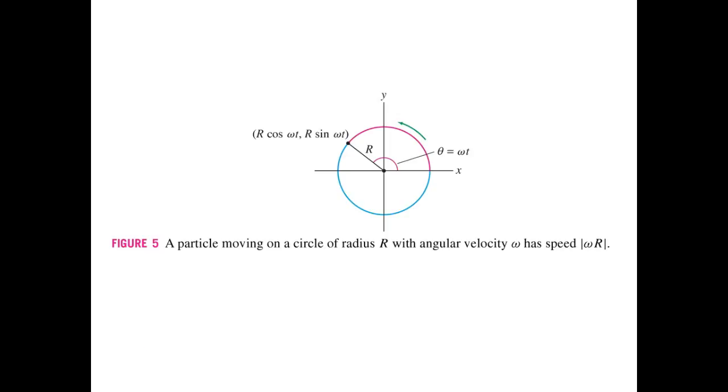Well, omega is theta over t, right? So that's the time rate of change for a constant angular velocity. The angle is changing at a constant rate.